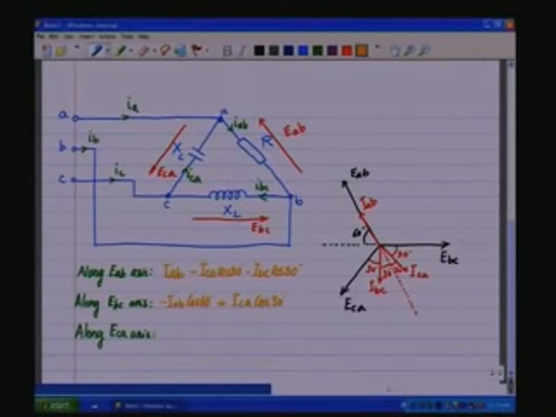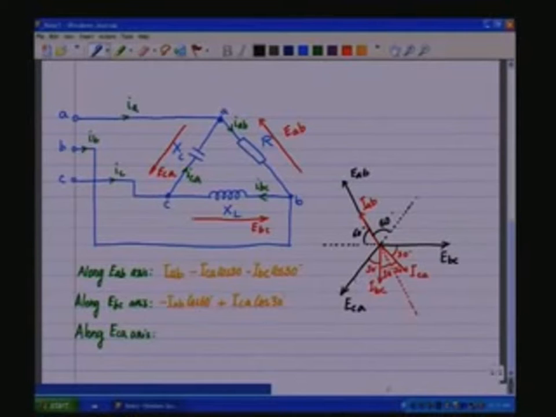Now, we take the third axis, along the ECA axis. What are the projections? Again we have a 60 degree angle, because this is right through and this is 120 degrees between AB and BC. Now, there is a projection of IAB cos 60 on the ECA axis. ICA is exactly 90 degrees from the ECA axis, and therefore there is no projection of ICA on the ECA axis.